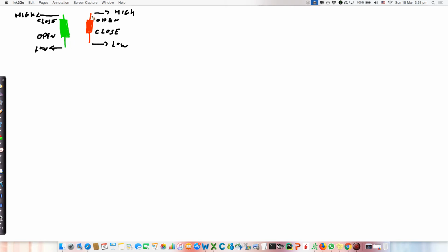If you see the green candle, it means that the price closed above the open. In other words, this is a bullish candle. Here the price closed below the open, so this is a bearish candle. Okay? This is the most common setting, I would say. It is the one that I use as well.